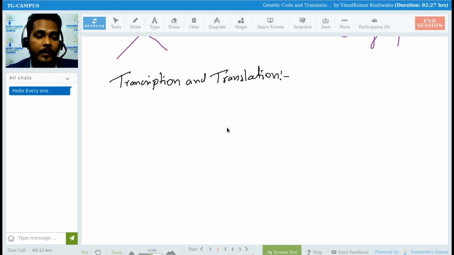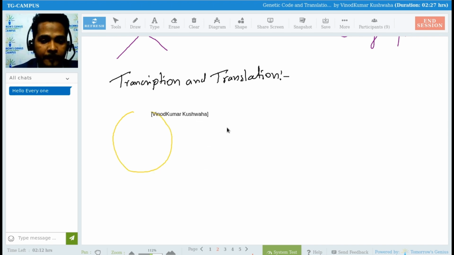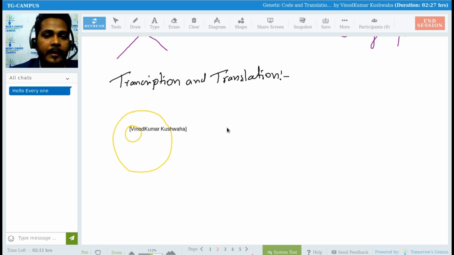Translation. Now here, what is translation? Now you know very well that in our body skin, in our body cell, as I told you, there is a nucleus, and the nucleus has lots of DNA structures like this, right?